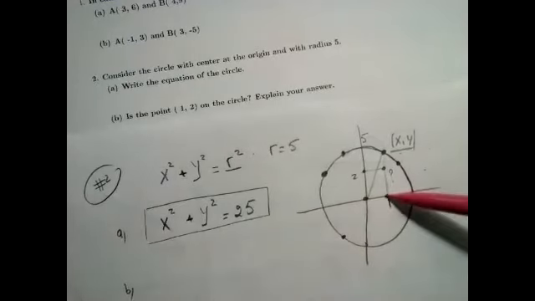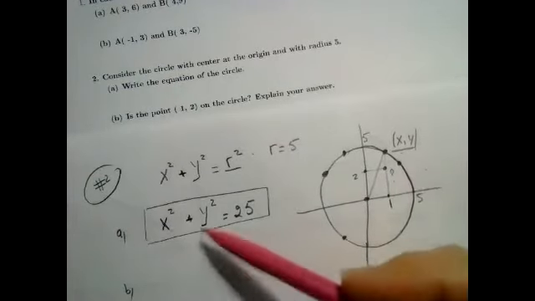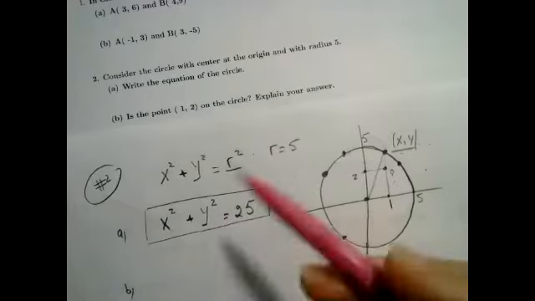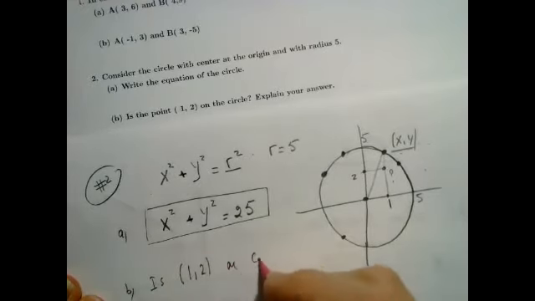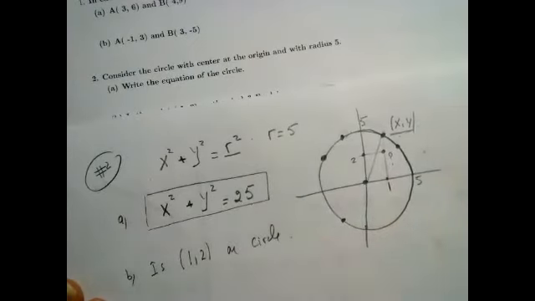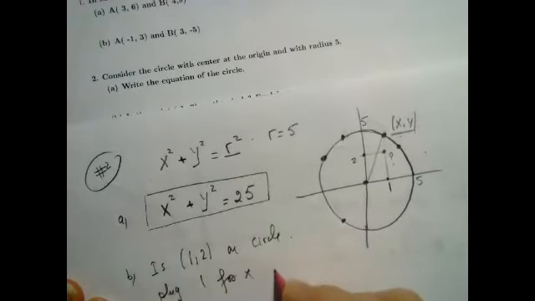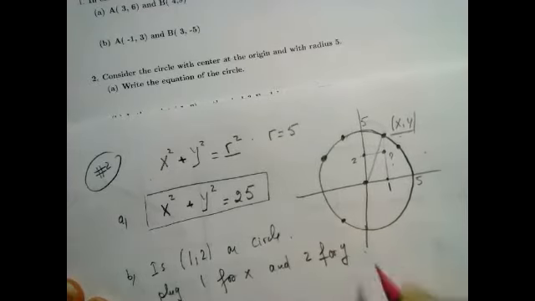Now, how can I make sure that this point is not on the circle? Not by using the picture, but by using the equation. The picture tells me no, but why, by the equation? If I don't have a picture in mind, so I didn't draw it, how can I check? We plug 1 for x and 2 for y in the equation of the circle.